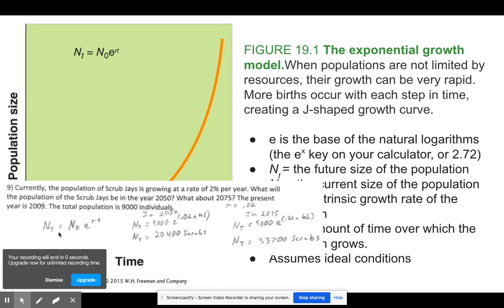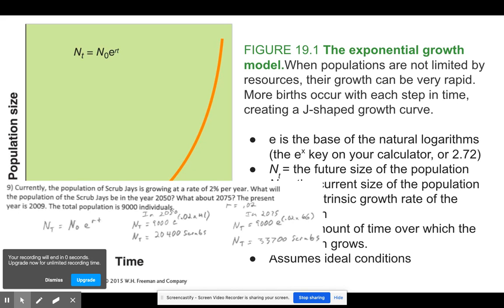When you do the calculation, in 2050, which would be 41 years from the time this worksheet was generated, you would simply plug in 9,000 as your initial population amount, 0.02 as the growth rate, and 41 years. So we would multiply 9,000 times e raised to the 0.02 times 41, and we'd find that there would be 20,400 scrub jays in 2050.